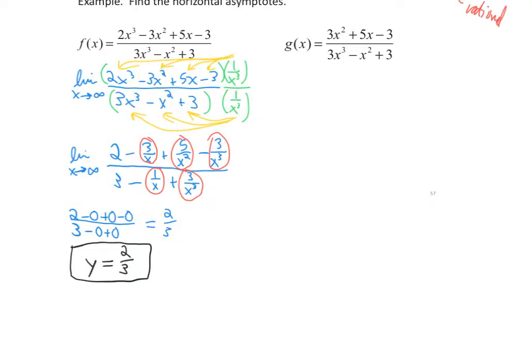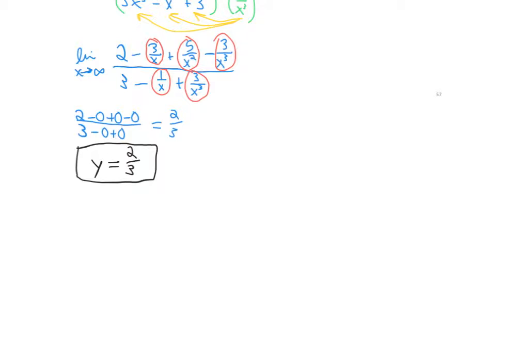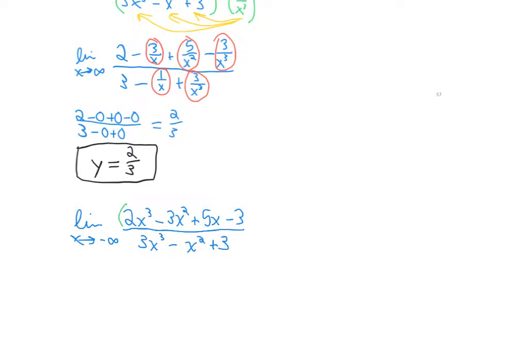To find the next asymptote, if there is a new one, you would need to do the limit as x approaches negative infinity of the same function. So if I do the limit as x approaches negative infinity of 2x cubed minus 3x squared plus 5x minus 3 over 3x cubed minus x squared plus 3, I'm going to end up doing the same procedure, multiplying top and bottom by 1 over x cubed.